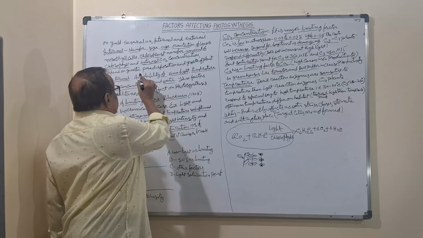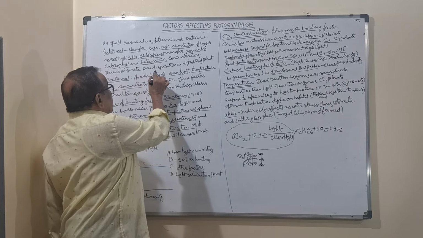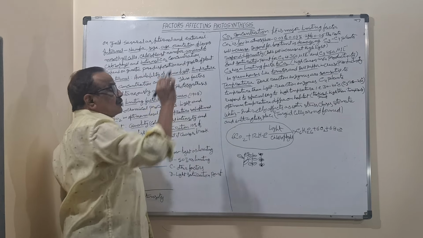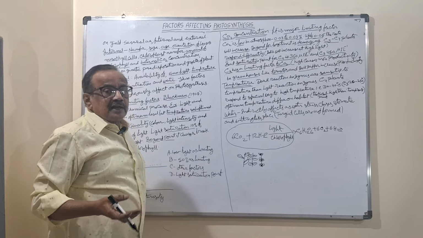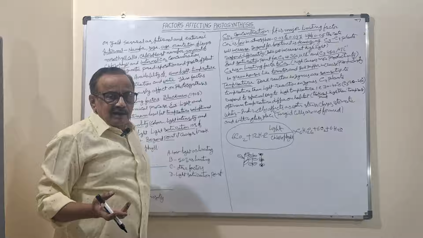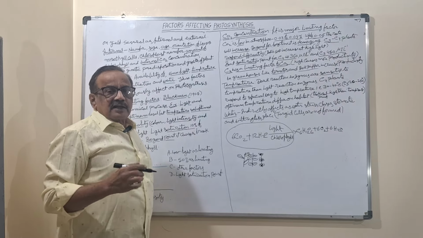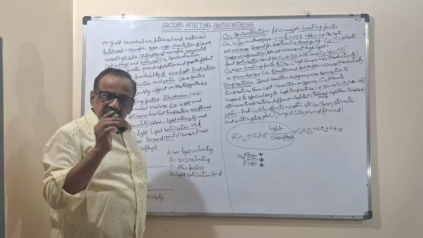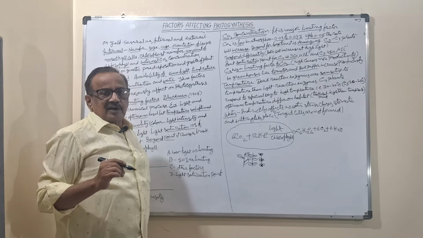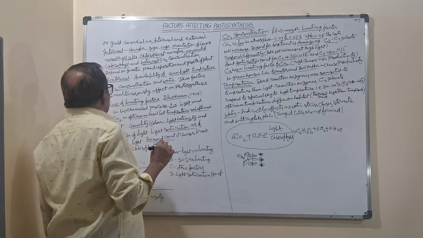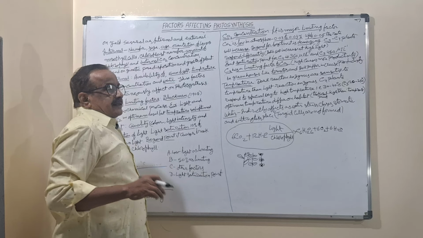So these are the genetic characters of predisposition, and the growth of the plant also depends upon external factors and internal factors, which we will see under growth and development. Now, one by one we will see.